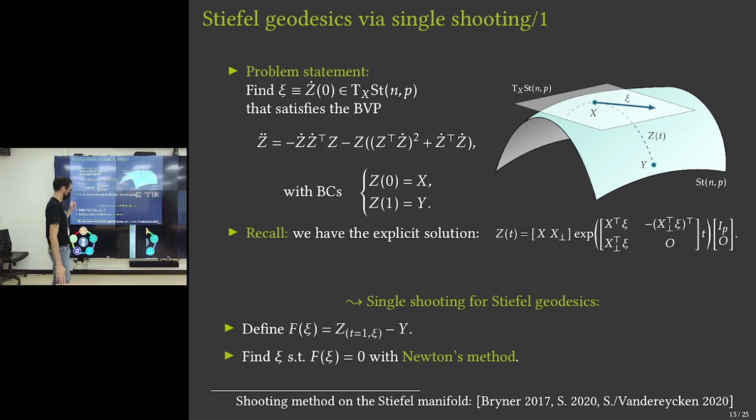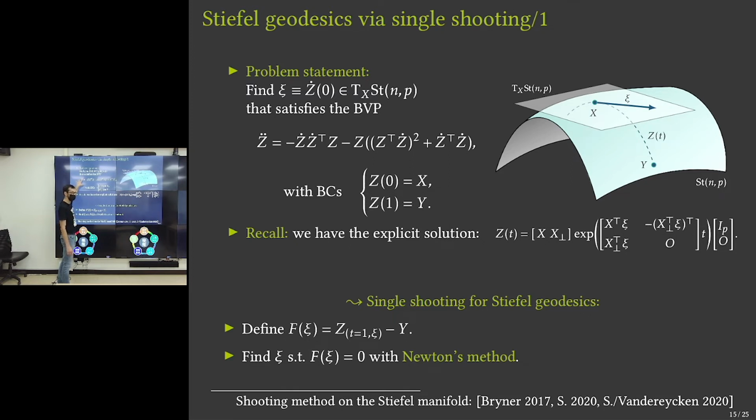Okay, so given that method, we want to apply it to that problem on the Stiefel manifold, and formally it looks exactly the same, because we have a second order ODE. For the geodesic, we already know the explicit solution, which is this one. So that's why I said we do not have to use numerical methods like Runge-Kutta or Euler's method to solve this ODE.